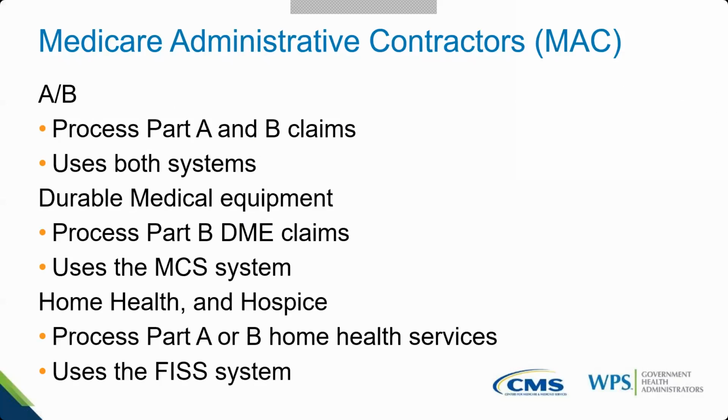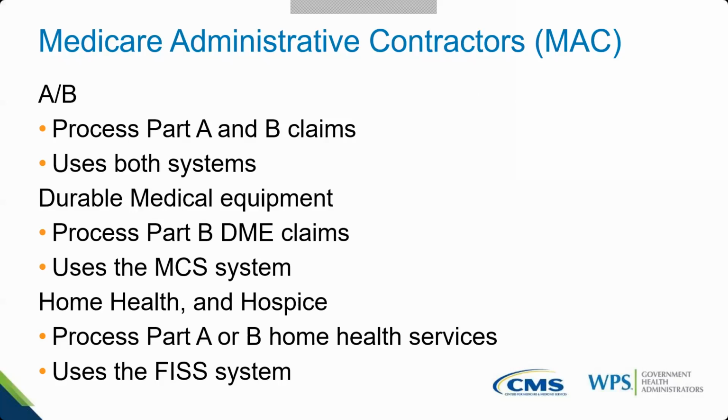They use the MCS. Remember, that was the one that is the 1500 or the 837P electronic transaction. Now, unlike that, there's the home health and hospice Medicare administrative contractor. They process home health services and hospice services, both service categories.